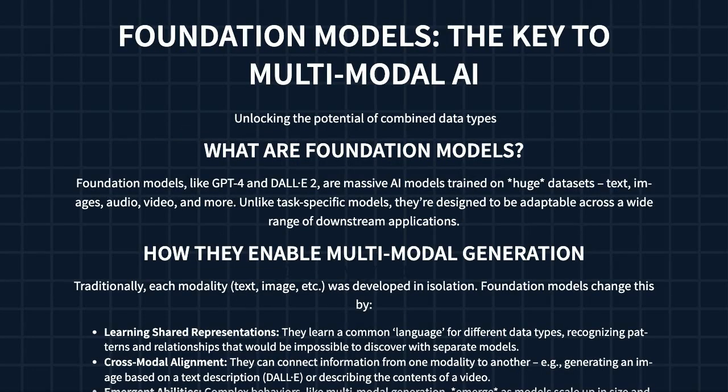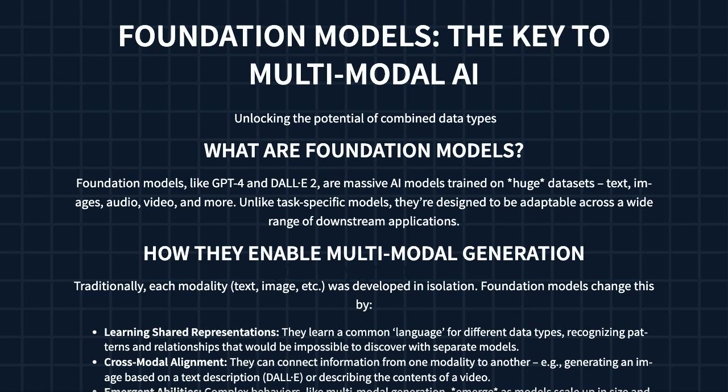Okay, let's talk about how foundation models are really revolutionizing AI. Think of these massive models like GPT-4 or DALL-E 2 as incredibly versatile learning machines. They've been fed tons of data from all sorts of sources: text, images, audio, video, you name it. The cool thing is, they don't just learn to do one specific task, they learn a general understanding of how information relates across different formats.